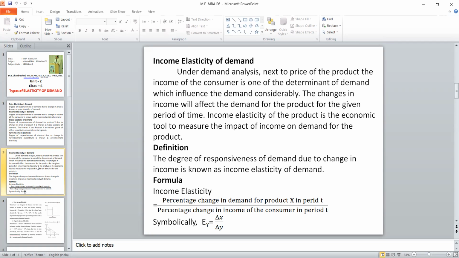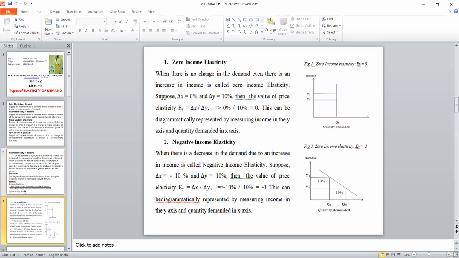Based on the value, here also we classify income elasticity into 5 categories. The very first one is income elasticity of zero value, zero income elasticity. How does it happen? Even though there is a change in income, there won't be any change in demand.